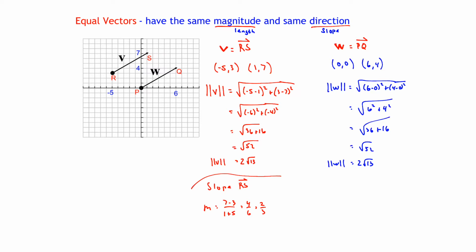So the slope is 2/3 for vector V. And then for vector W, we'll be looking at the slope for the directed line segment PQ, which is vector W. This will be the change of y again, so it'll be 4 minus 0 divided by the change of x, 6 minus 0, so 4 over 6, which reduces to 2/3. So therefore we know that vector V is equal to vector W. So vector V is equivalent to vector W, which means they have the same magnitude and the same direction.